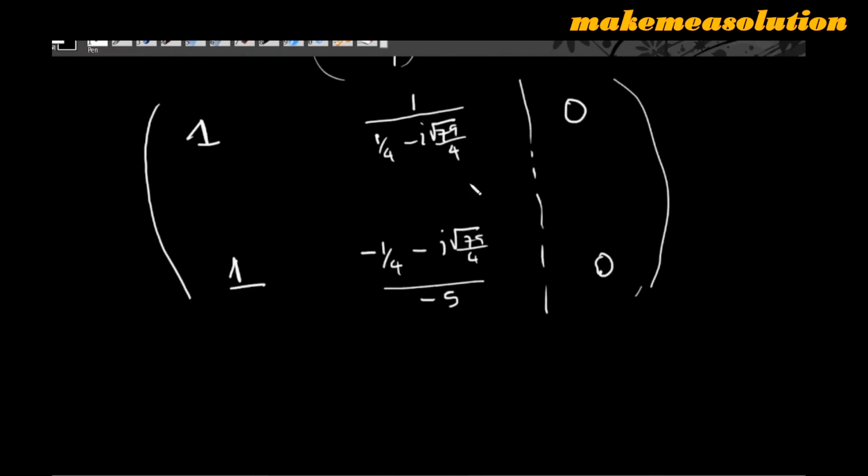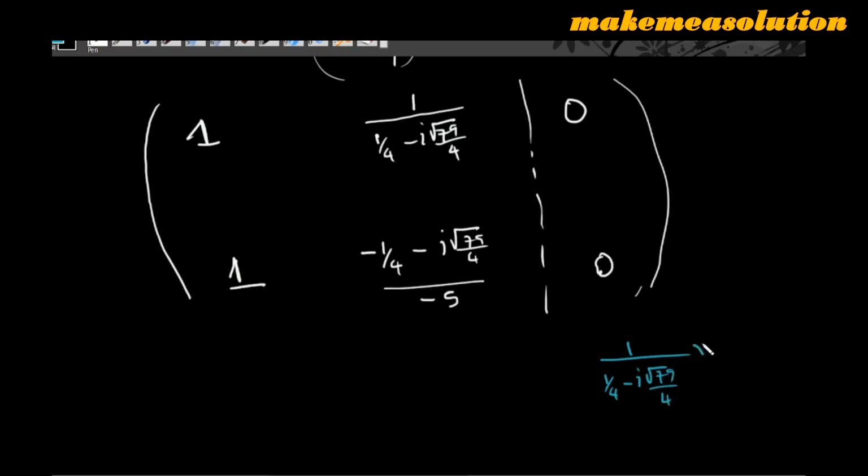So at this point, we want to evaluate what this particular value is. So let's try to evaluate it and see what we are going to get. So what is 1 divided by 1 all over 4 minus i root 79 over 4? For those of you that have a scientific calculator, you could decide to do that.